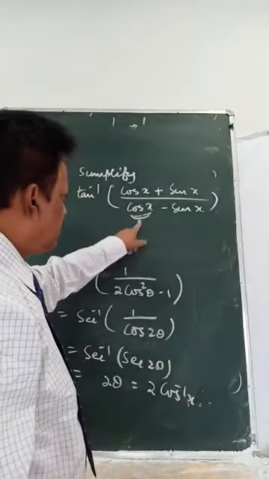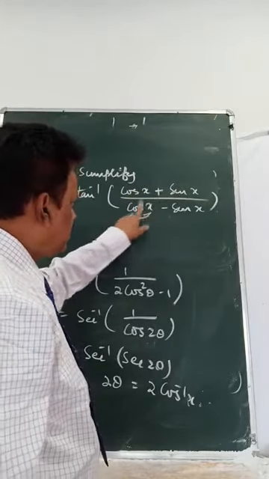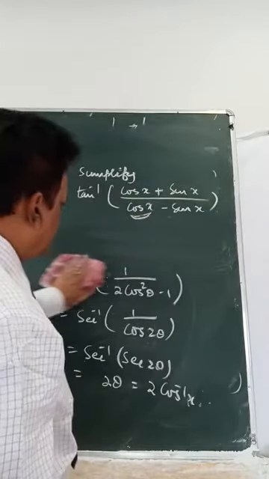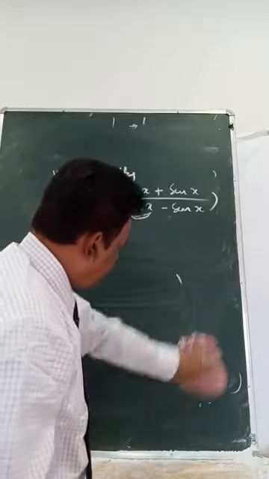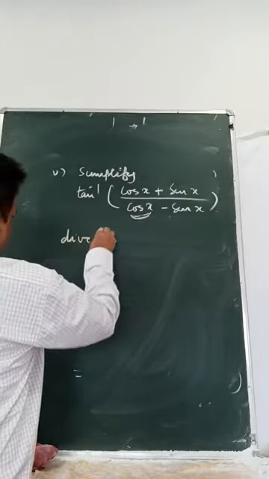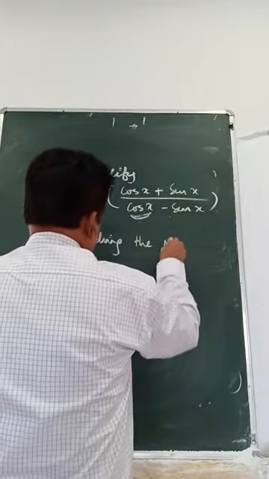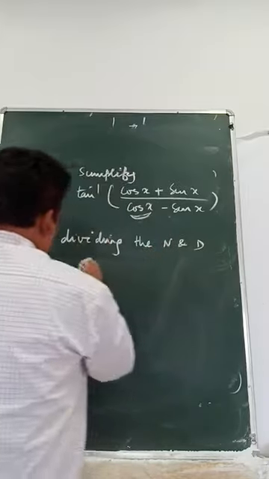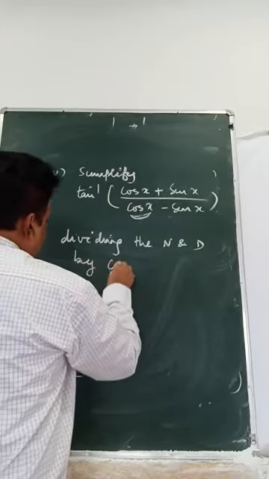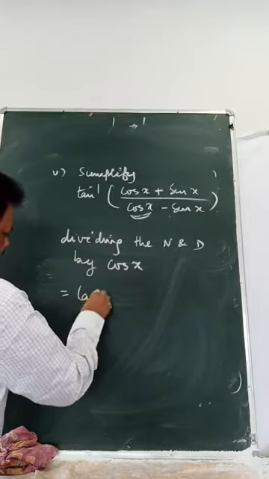So how to make it 1? Divide the numerator and denominator by cos x. So let's do the same. Dividing the numerator and denominator by cos x, we get tan inverse.